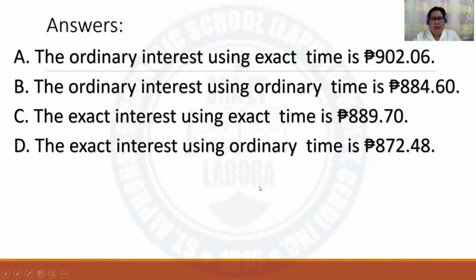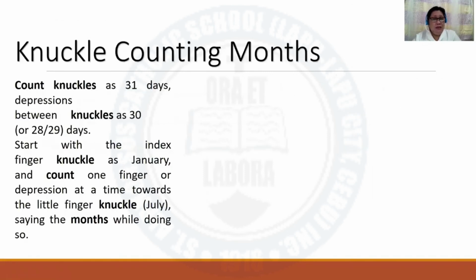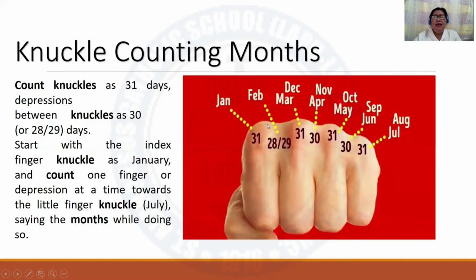Do you have questions? If there is none, let me introduce the knuckle counting of months. Count knuckles as 31 days, depressions between knuckles as 30 days, or 28 or 29 days. So this is the illustration. This one is good for 31 days. If you don't want to use a calendar, you will be able to know that January has 31 days.